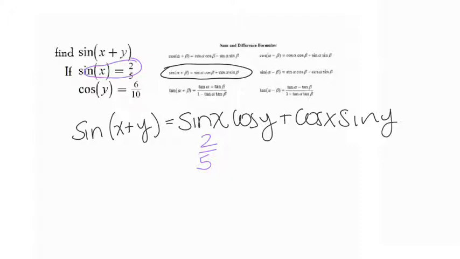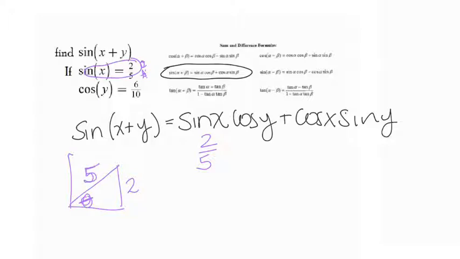I don't know cosine of x, so I'm going to draw a triangle, just like we normally would, where sine is opposite over hypotenuse, O and H. So if this is my theta, and I don't know what it is, my opposite should be 2, and my hypotenuse should be 5.